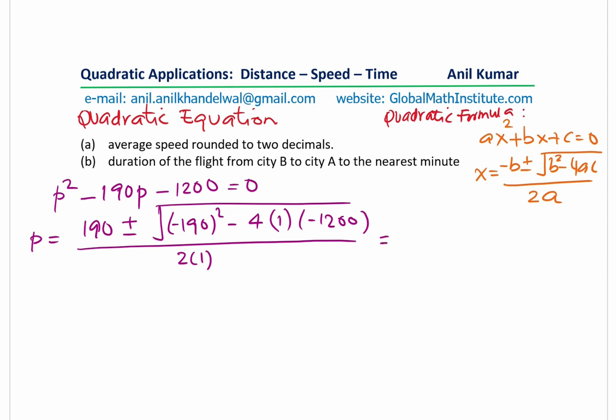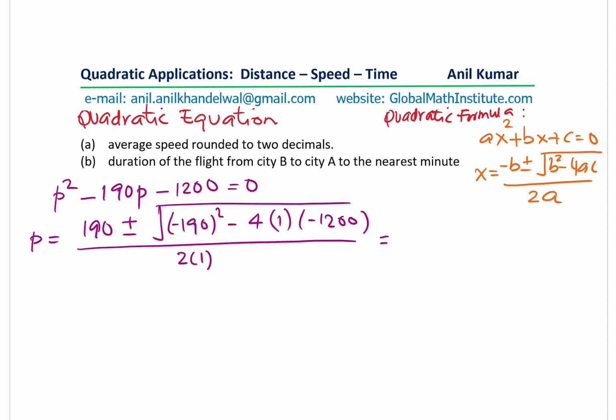Now we can use a calculator to calculate this value. So what we get here is, let me do square root of 190 square minus and minus. You can see minus and minus will become positive plus, right?